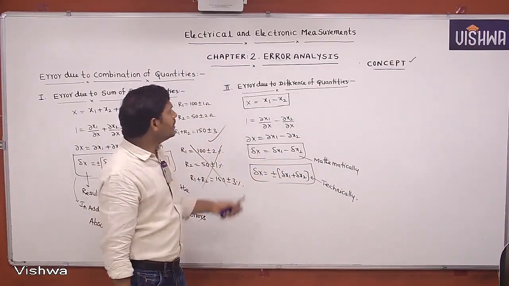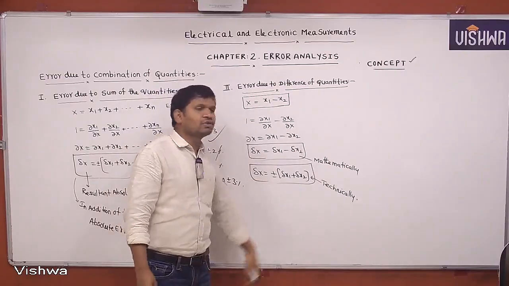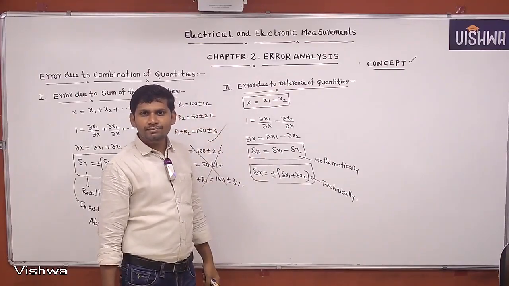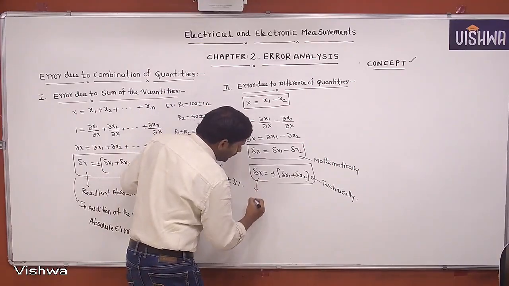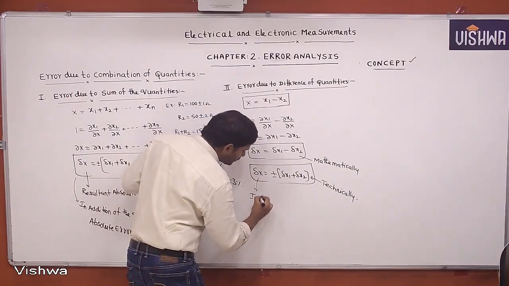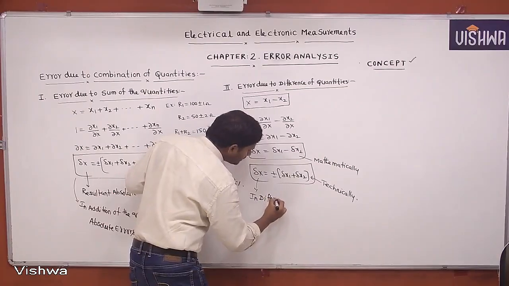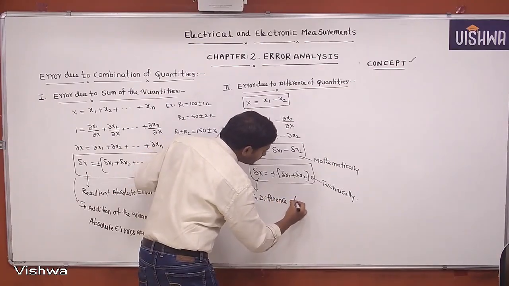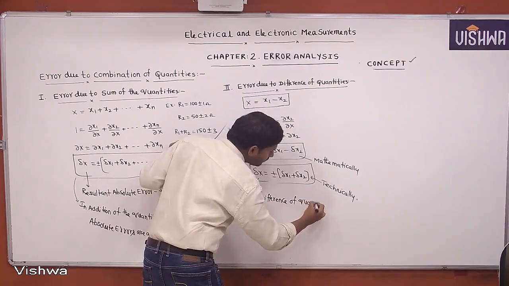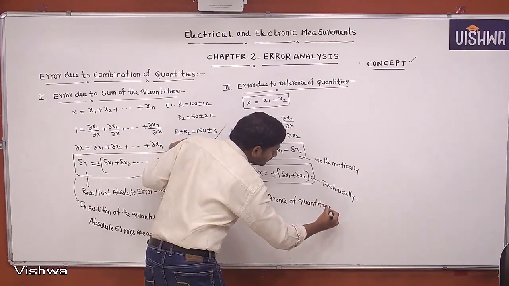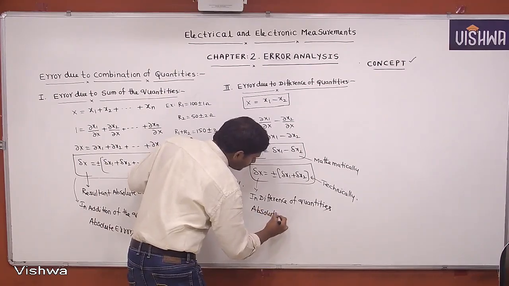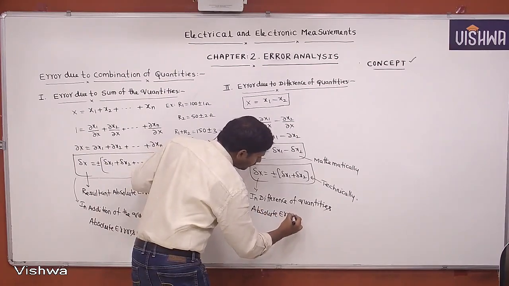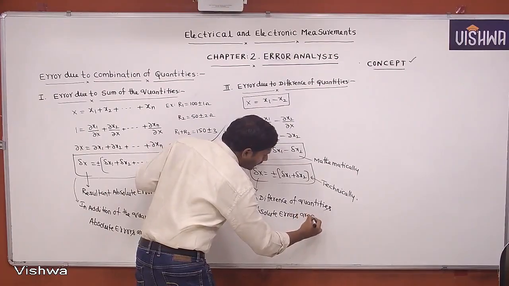Understood? That means in difference of quantities also, which errors are added? Absolute errors are added. In difference of quantities, absolute errors are added.